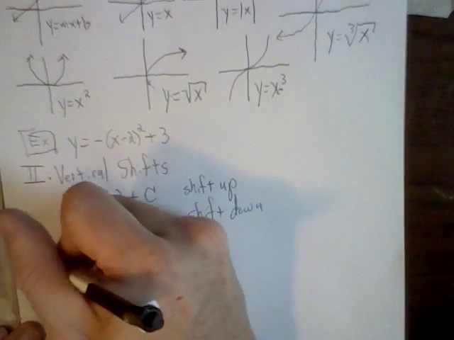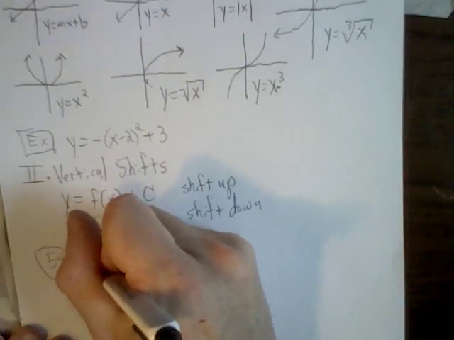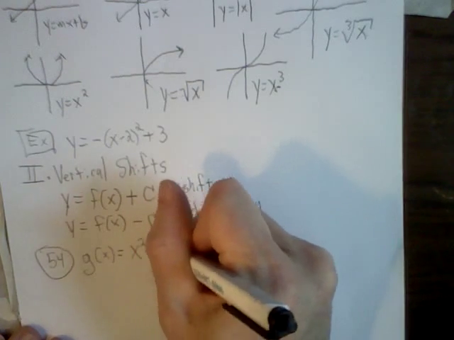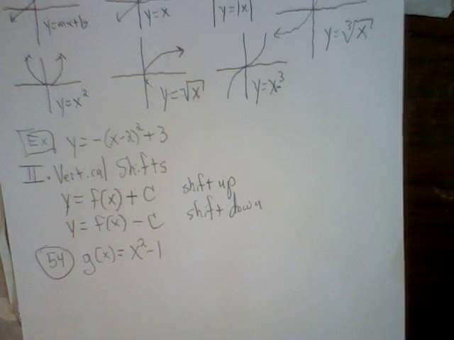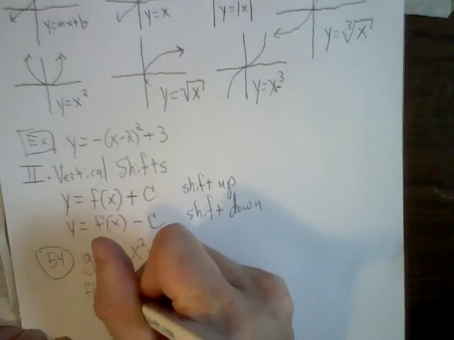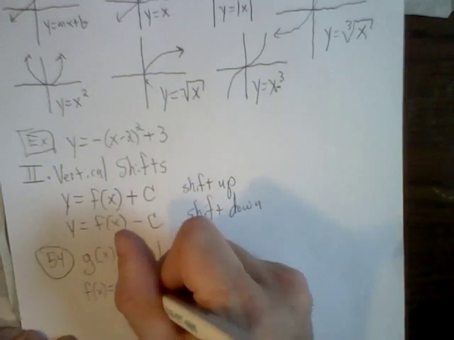Okay, so problem 54, the exercise wants you to graph g of x equals x squared minus 1. Okay. And I believe they want you to first graph f of x equals x squared, and then use the transformation to get g of x.